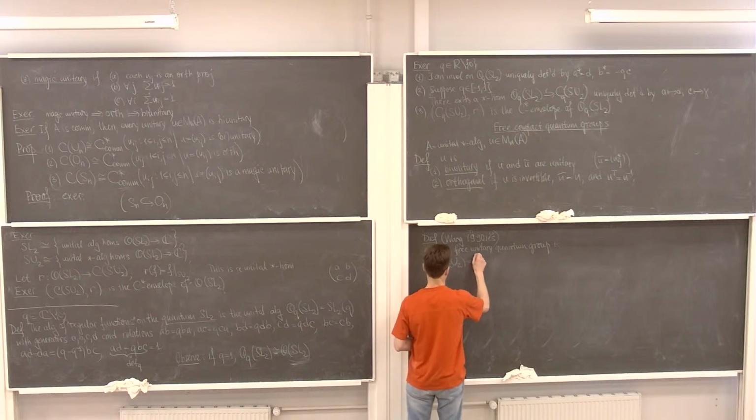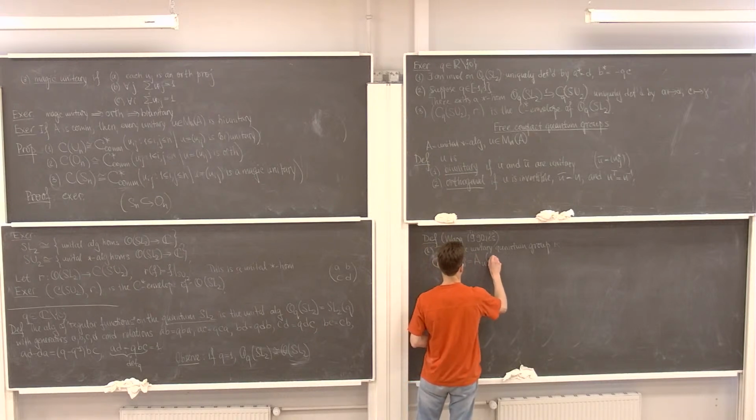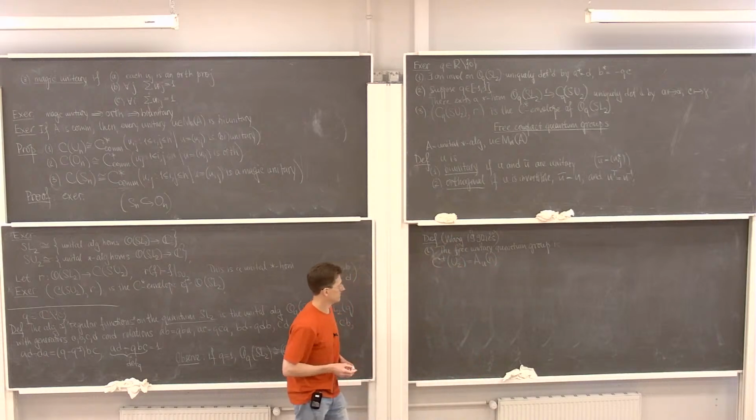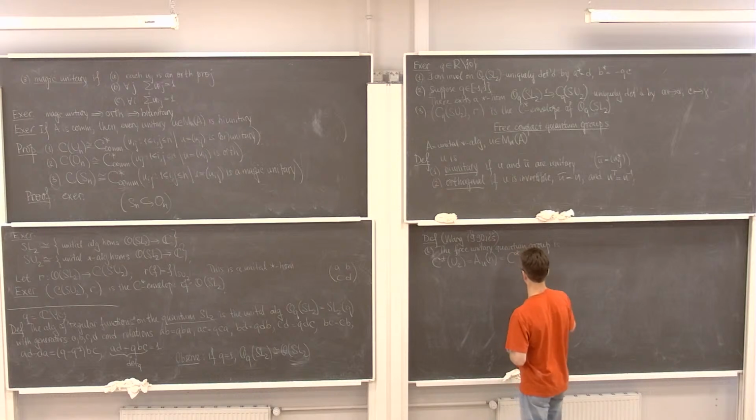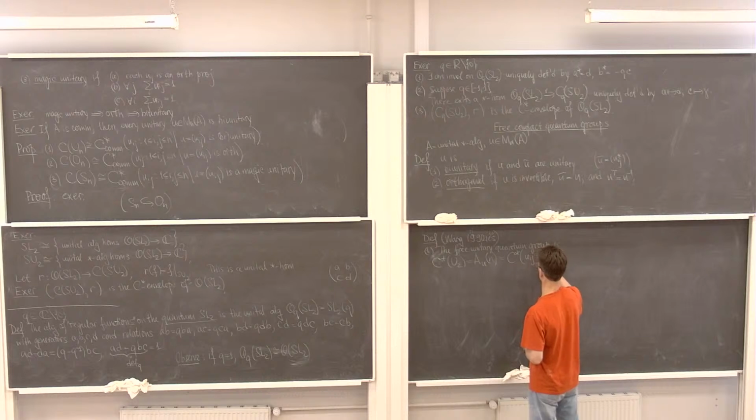Again, we have two standard notations. It is defined to be the universal unital C-star algebra generated by the elements Uij, such that the respective matrix is biunitary.